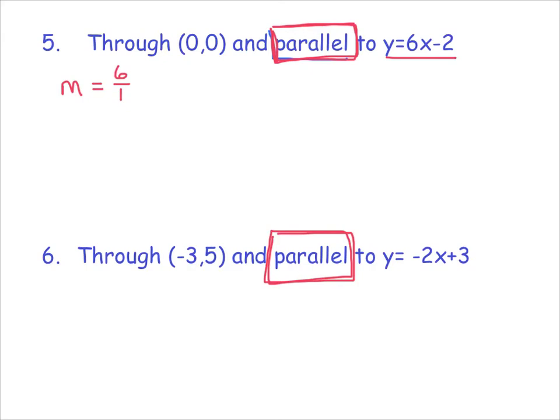We're going to solve for b, and then we're going to write the new equation. The next one, we're going to solve. We have the slope already, a negative 2 over 1. We're going to solve for b, and we're going to write the new equation. All right, you go ahead and do number 5 and 6. It's exactly what we've been doing. Nothing has changed. So go ahead and do 5 and 6 on your own.